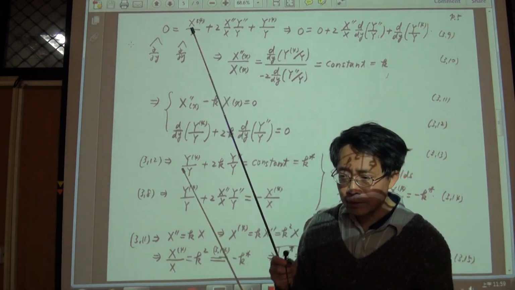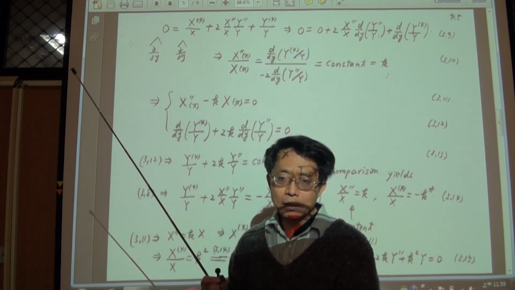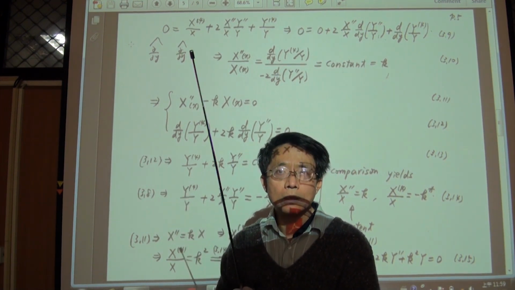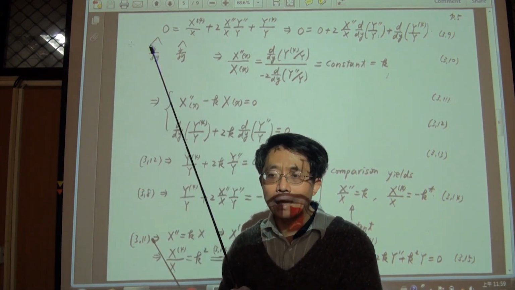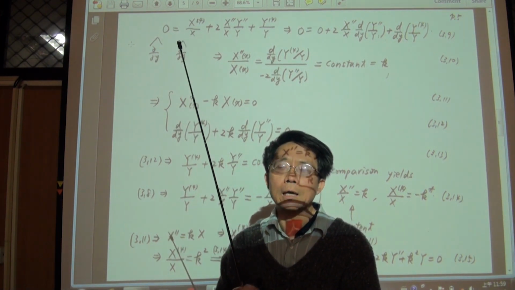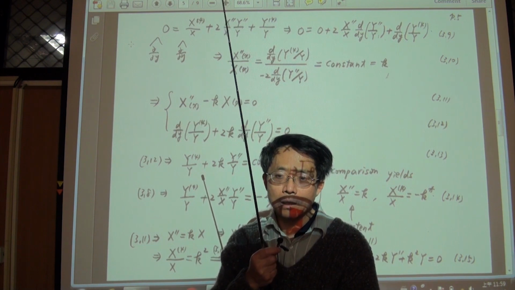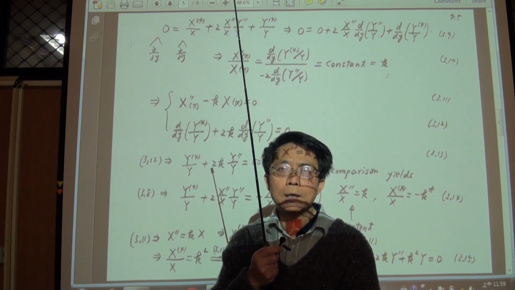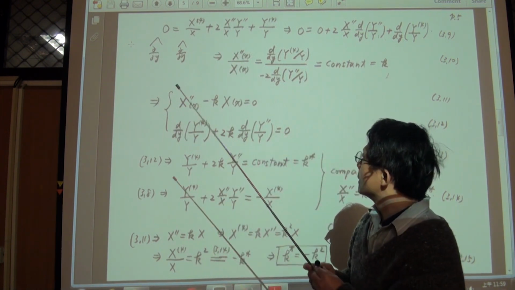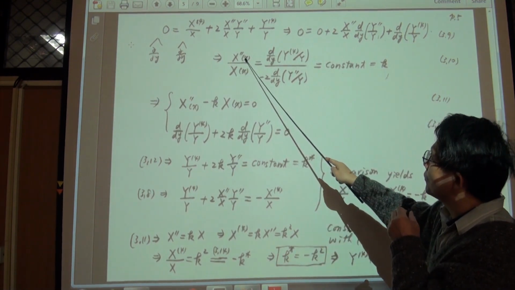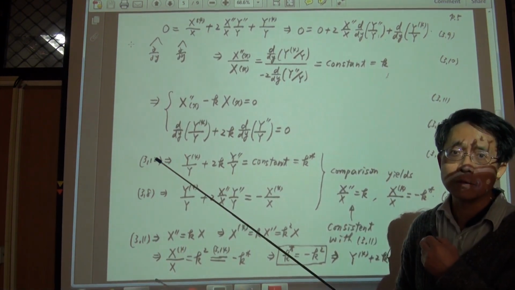There's no reason that they will be equal. A function of x equal to a function of y is unreasonable, except when they are constant functions. The only possible way that this equality is true is that this one is a constant function and this one is a constant function.